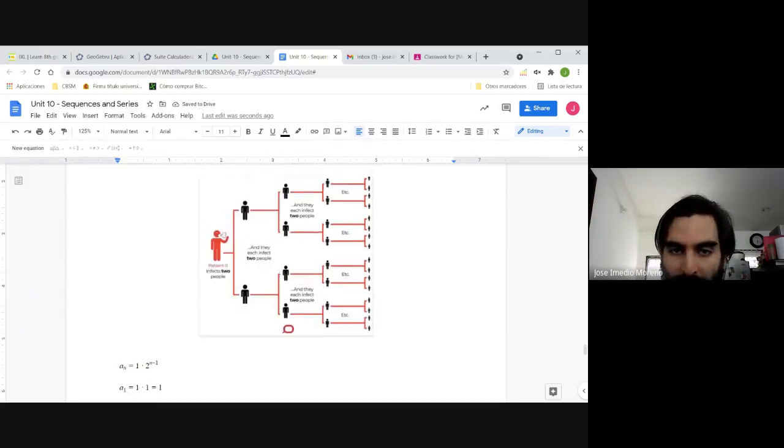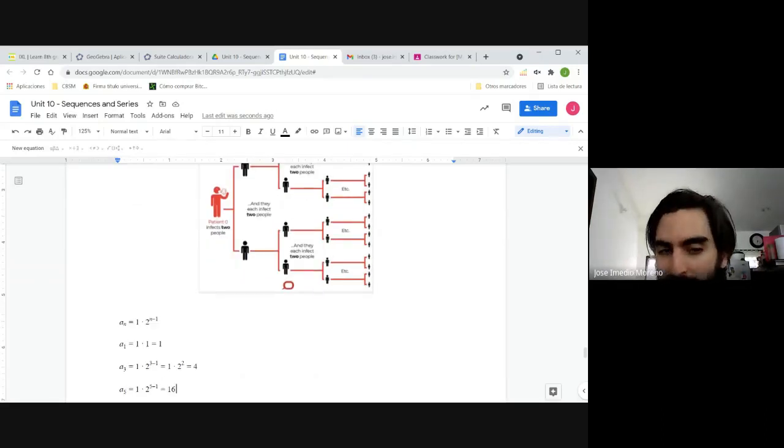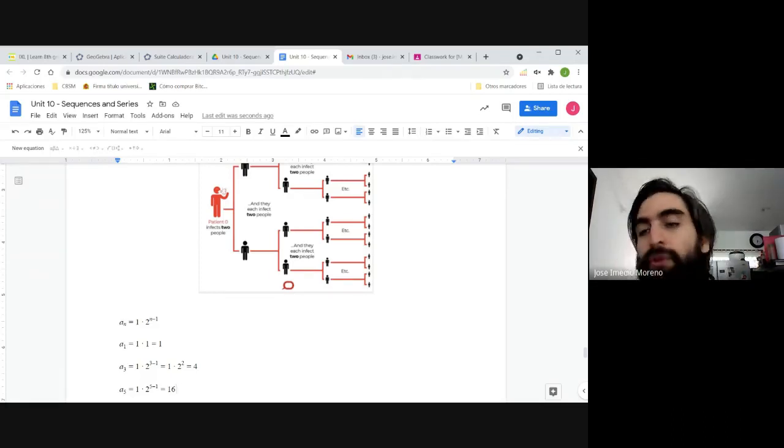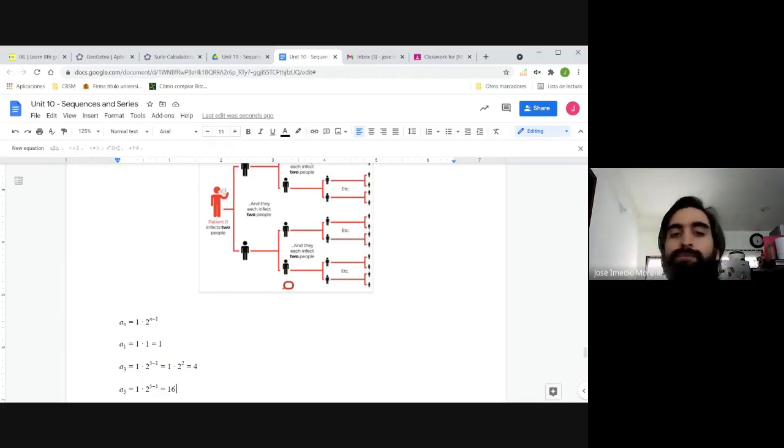On the 5th day, I have 16 new infected people. As you might see here, the sequence gives me the new infected people per day. If I want to compute the total amount of people infected, I would need to use the series. But here I'm using the sequence.